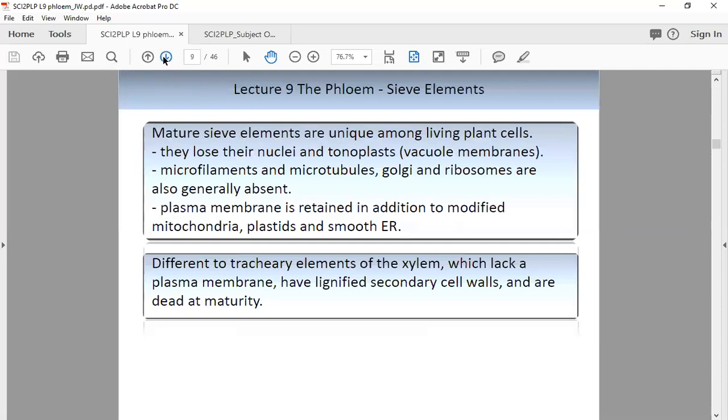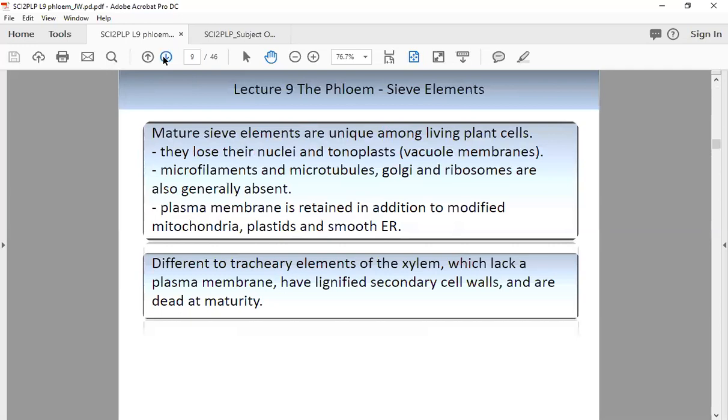Which probably suggests something to you about the type of pressure that exists within the phloem sieve cells, in contrast to the xylem cells. What do you think that difference would be? So you remember we had that negative pressure that forms in the xylem, and hence that need for the lignin strengthening of the cell walls.